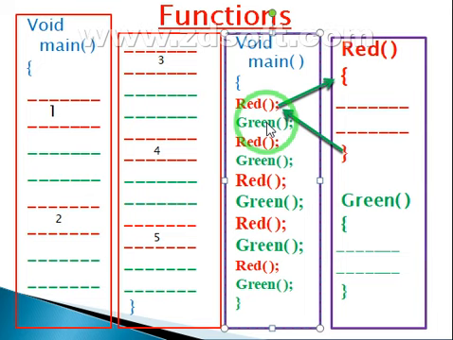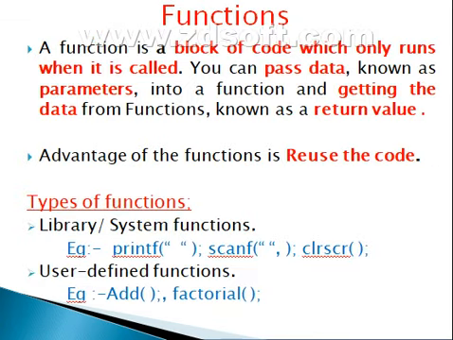Now we will continue the definition of the function. A function is a block of code. Now you understand the meaning of block of code: some set of programming lines within open and close braces, which only runs when it is called. We need to call the block of code from the main function.